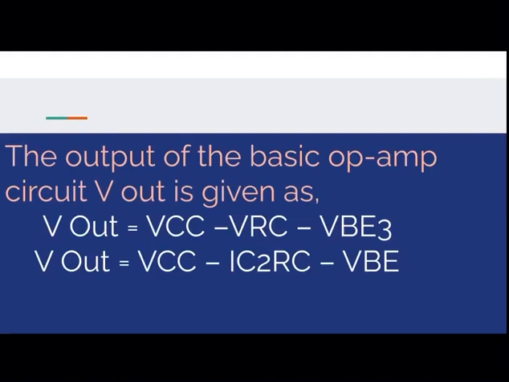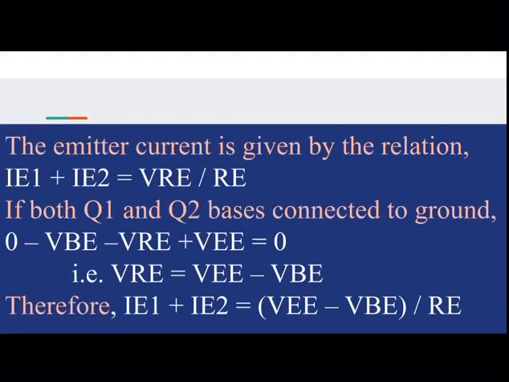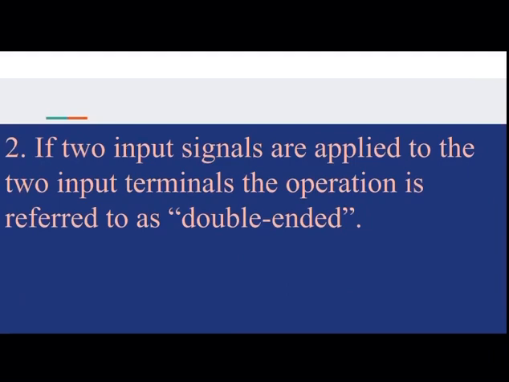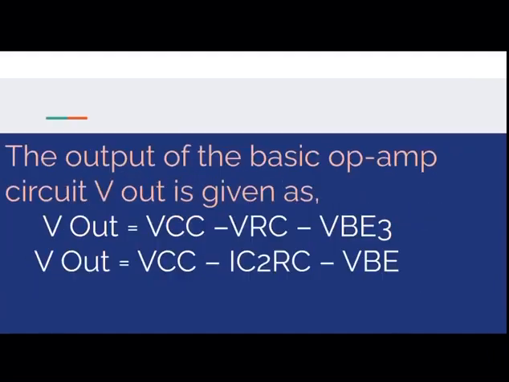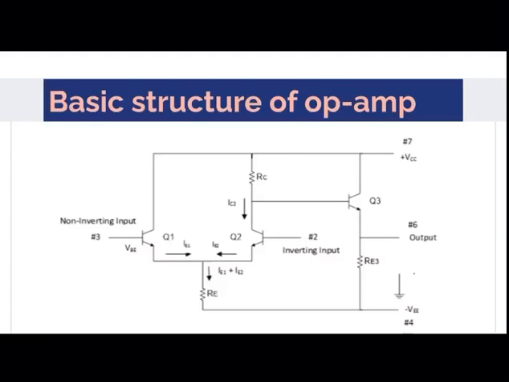As we calculated, we have this equation by this diagram. So here we have a VRC. VRC is the voltage across resistor RC, and VBE3 is the base emitter voltage of the transistor Q3.